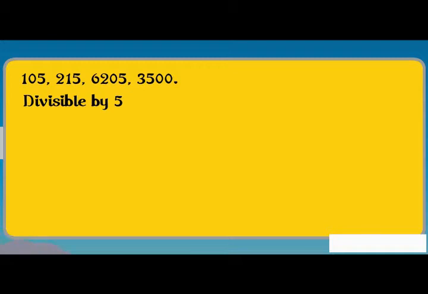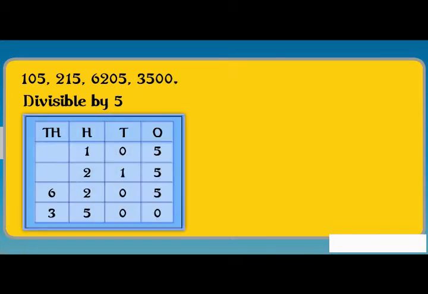Mani took up some more numbers that are divisible by 5 like 105, 215, 6205, 3500. Again, these numbers have either 0 or 5 in their ones places.